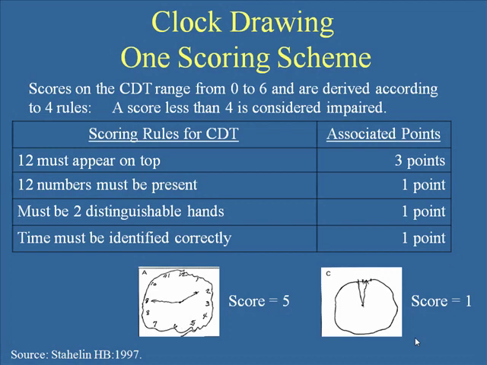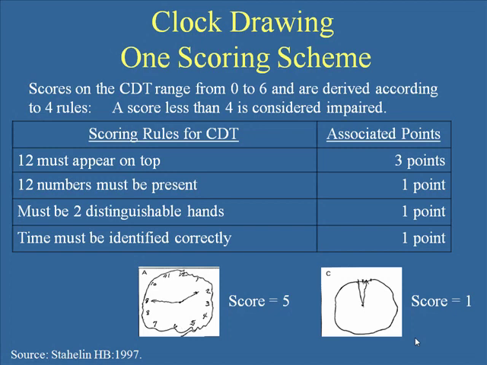The second scoring rule would be that 12 numbers must be present within the circle, and that would give a person 1 point. There must be 2 distinguishable hands, giving 1 point. And the time must be identified correctly, giving 1 point.